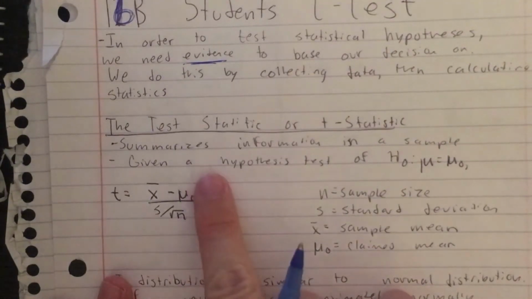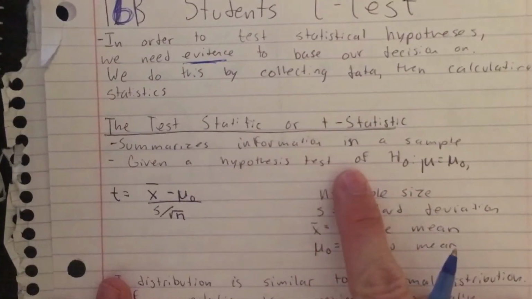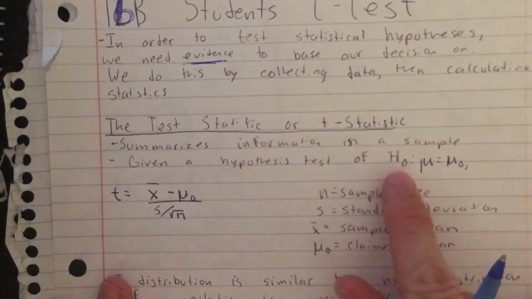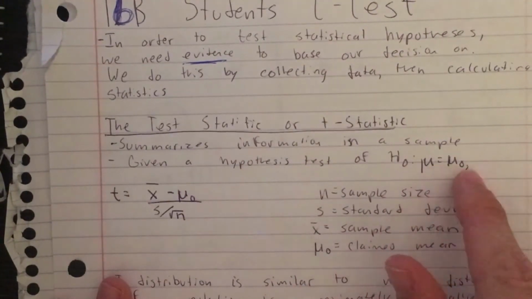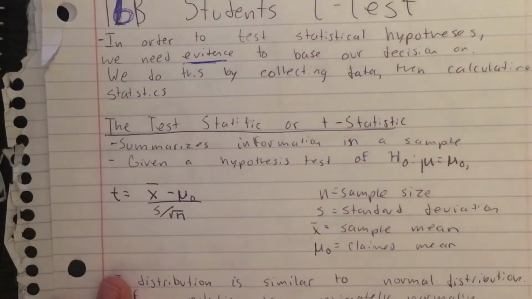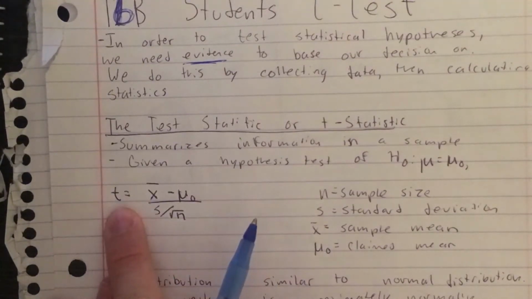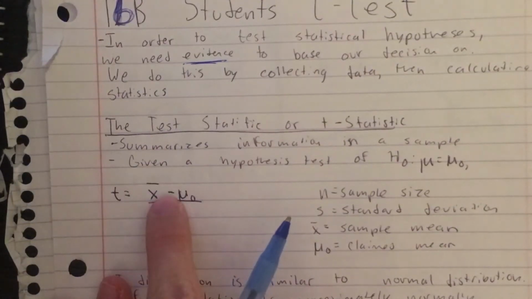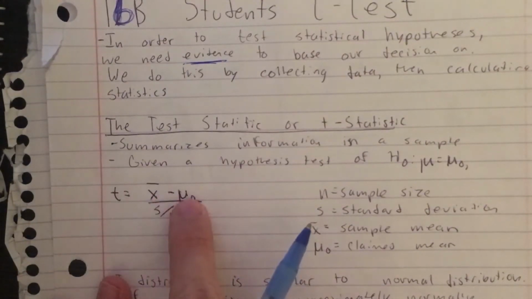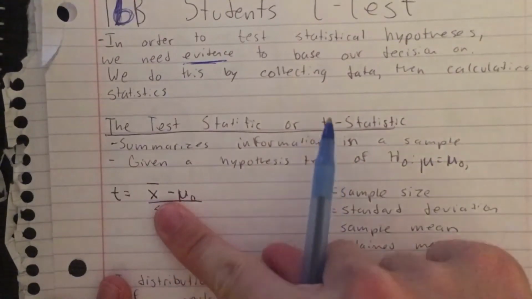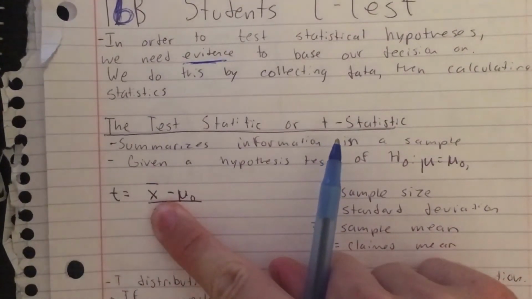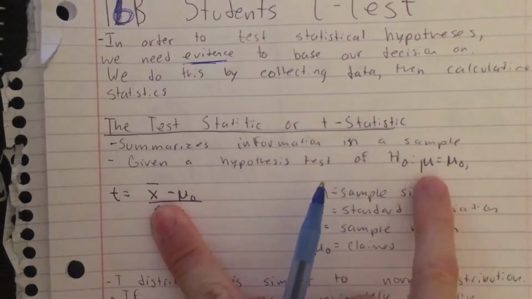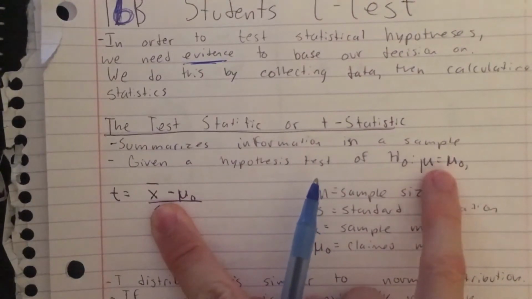If you're given a hypothesis test where we're claiming that the mean is equal to something, the way that we're going to calculate T is we're going to take the sample mean, subtracted by the claimed mean. Whatever they're claiming the mean is, we start by subtracting those, because if the null hypothesis is true, they should be very close to one another.